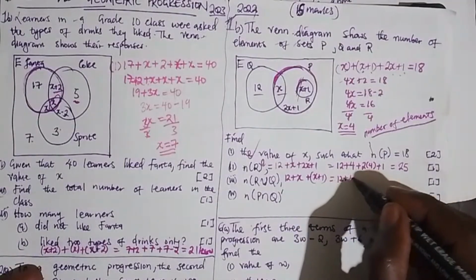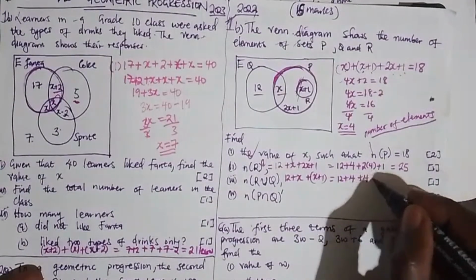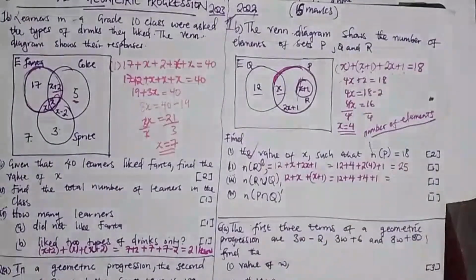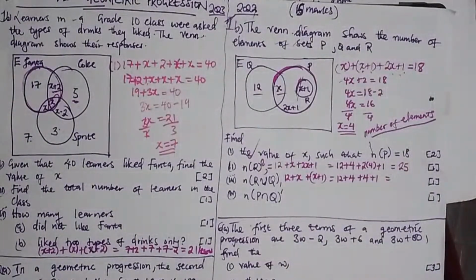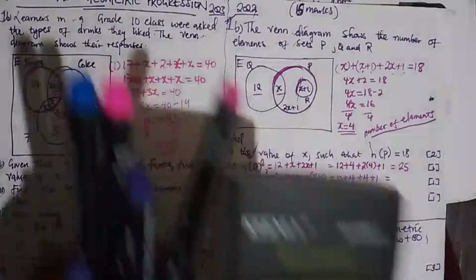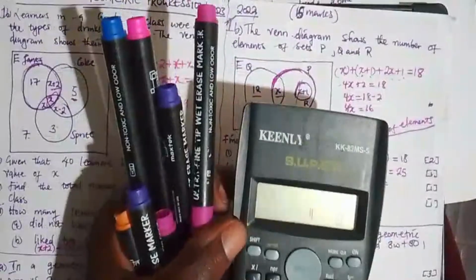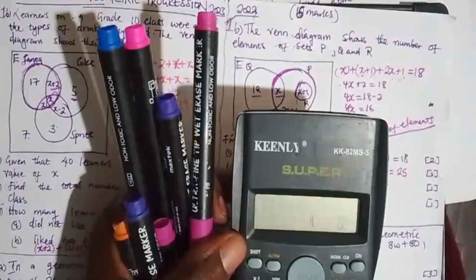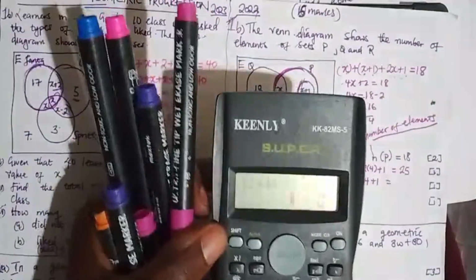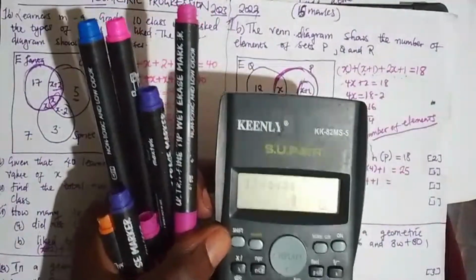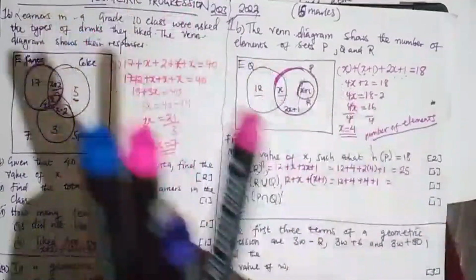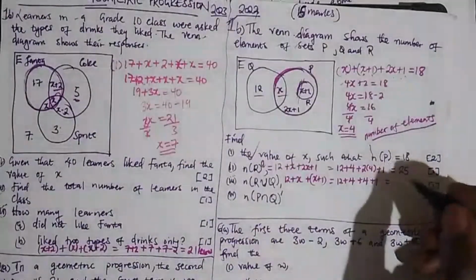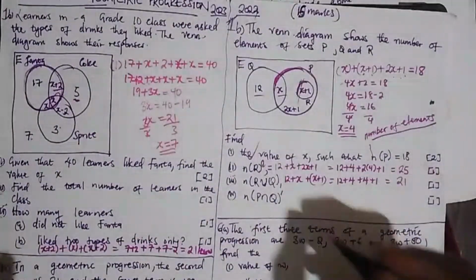So we are going to say 12 plus 4 plus 4 plus 1. It's giving us 21. So we have 21 here.